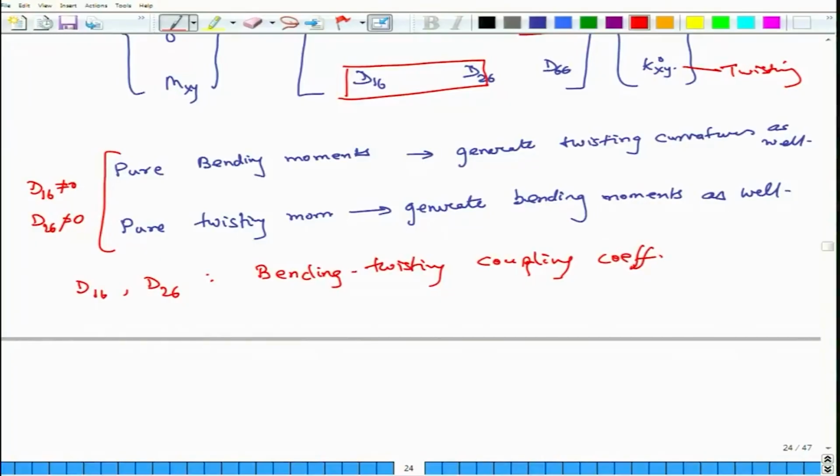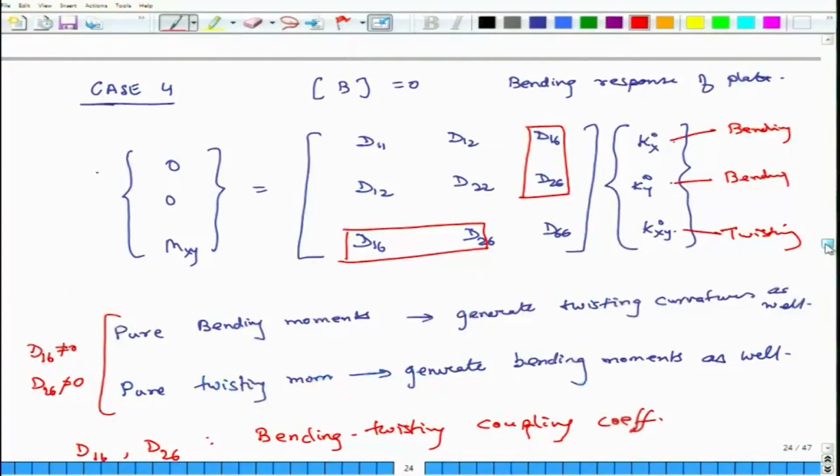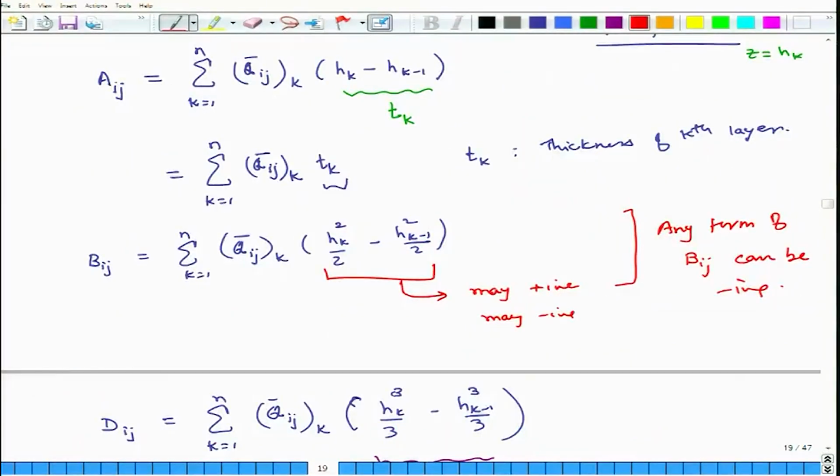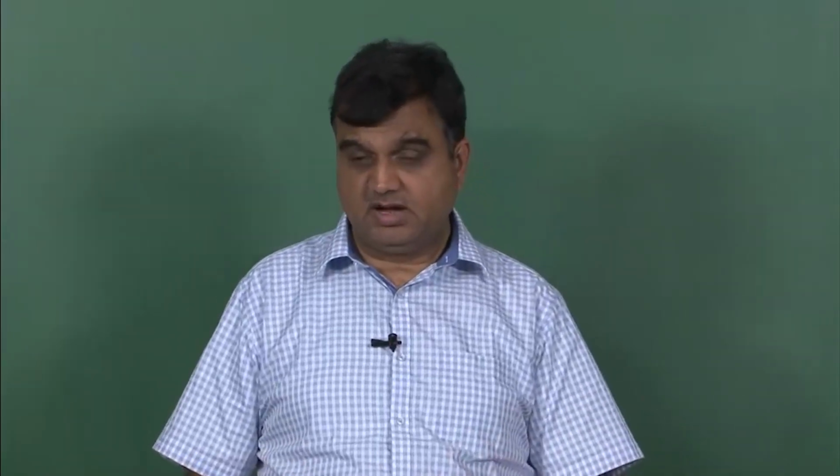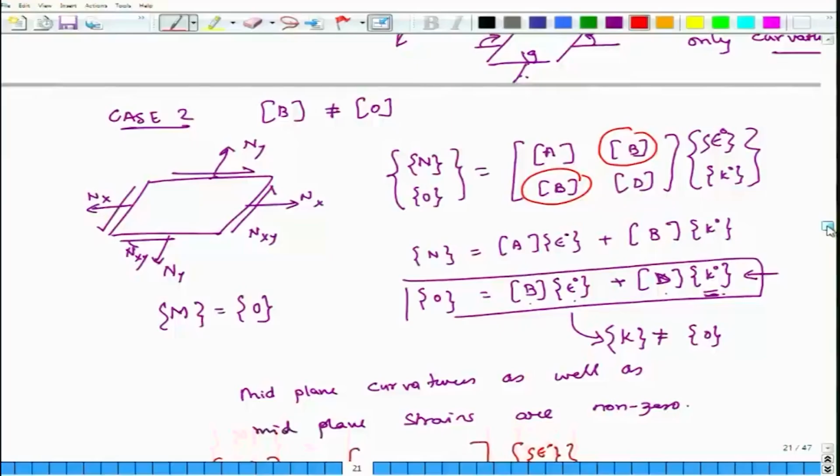Okay. So, we have discussed 4 cases. The first case is when B is 0, and if B is 0, then the coupling between the bending response and the midplane strain response, extensional response and the bending response, it gets eliminated. That is why it is known as coupling matrix. So, that was about case 1 and case 2.